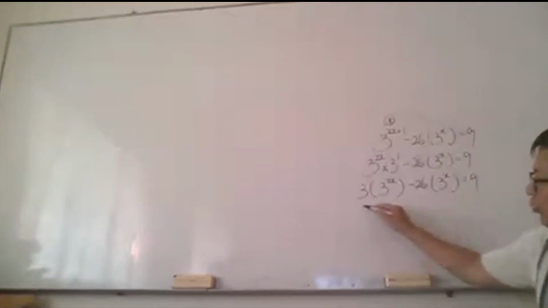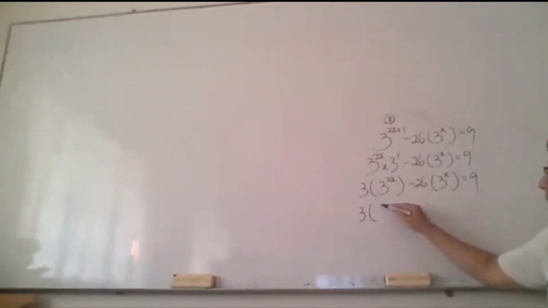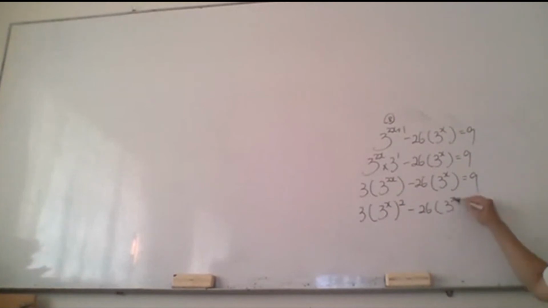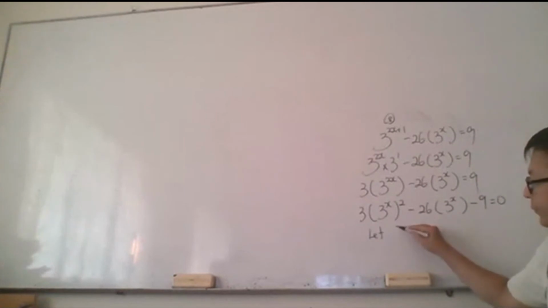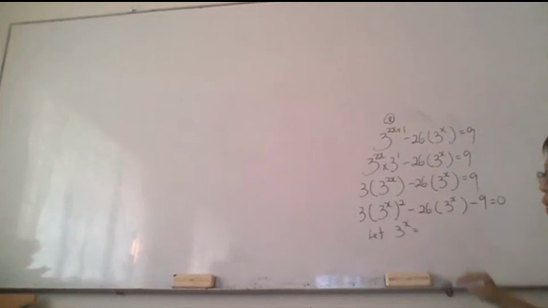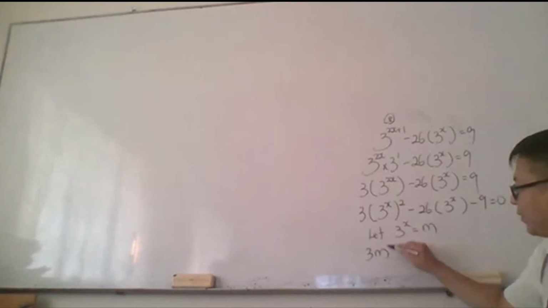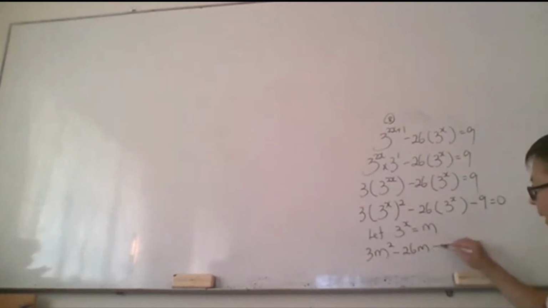It means that the 3 will remain. Instead of 2x, I will just put x inside the bracket, so the square goes outside, and minus 26 times 3^x minus 9 equals 0. In this case, I will let 3^x equal to m, so that m squared minus 26m minus 9 equals 0.